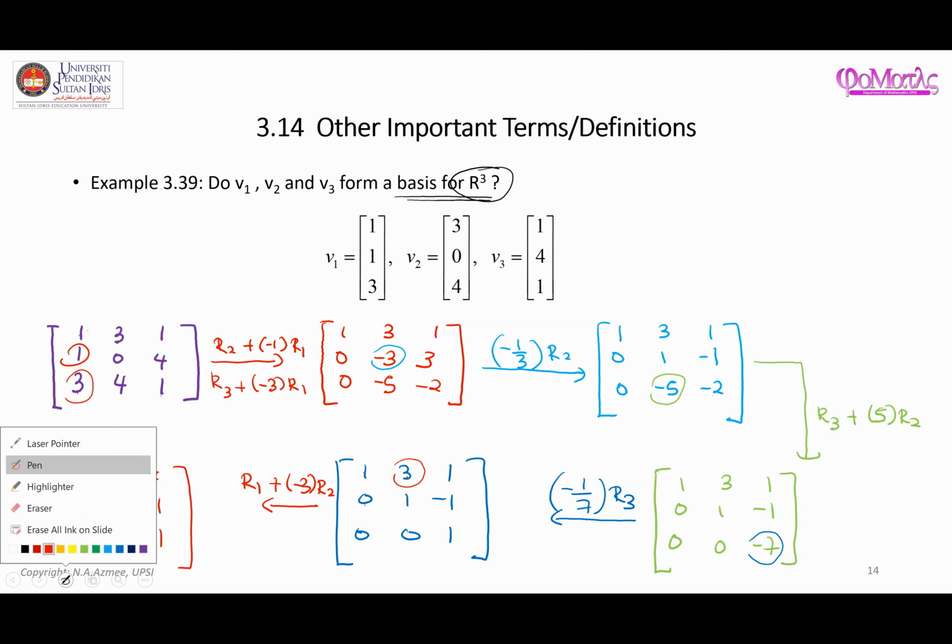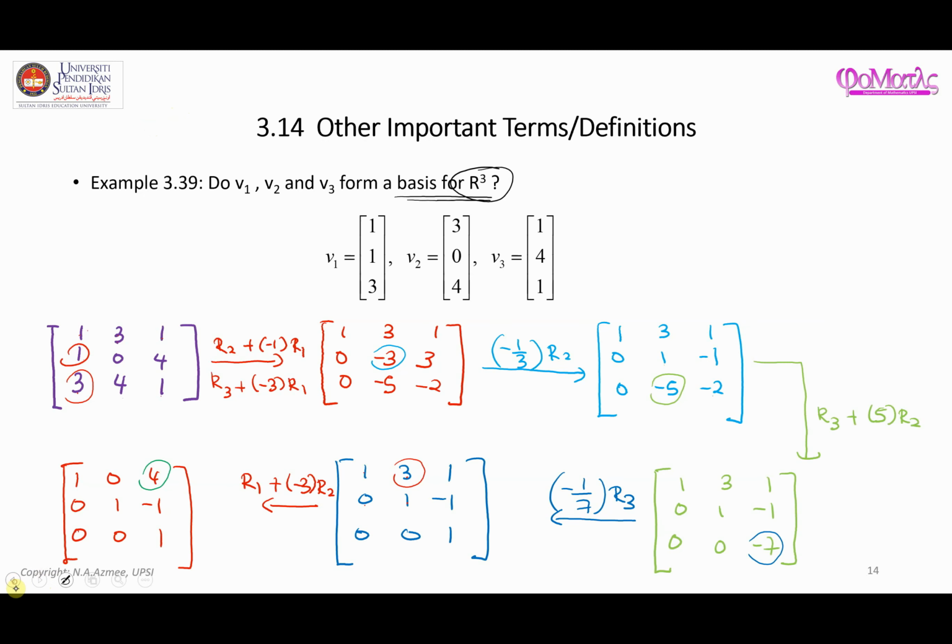Okay, next we shall consider turning this to 0. So the process that we have to do for that one is R1 plus -4 R3.